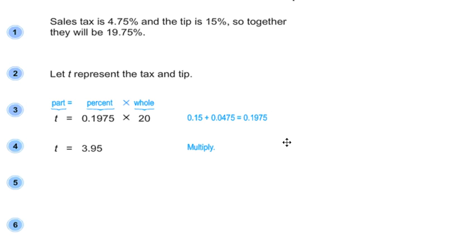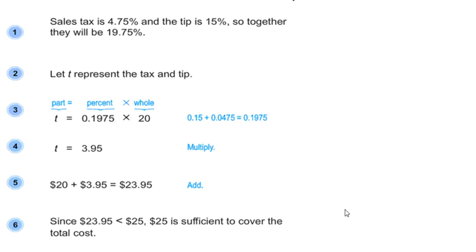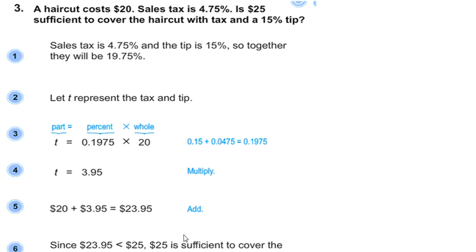So my additional cost with the tax and the tip off of $20 is $3.95. So now I'm going to have to add that on to what I'm paying already, the $20. So altogether, I should be paying $23.95.